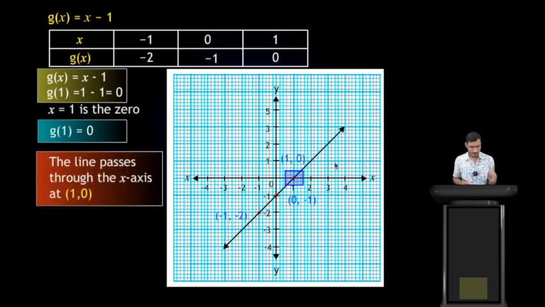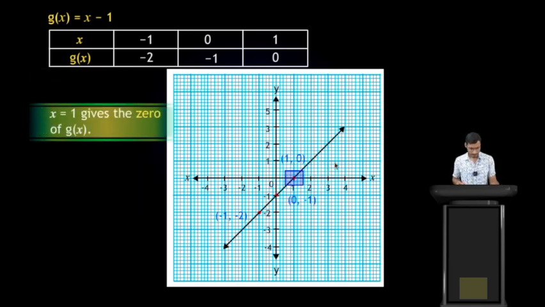So the line passes through the x-axis at 1 comma 0. So x equal to 1 gives the zero of g(x).